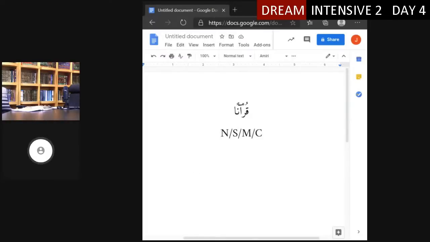I answered this already, but some of you are asking: when we have the pronoun fi or another similar pronoun that ends in ya, and then after that we have the attached pronoun for ana, why is it fiya instead of fi? The first and foremost reason is that's just how it is. That's how it's used.